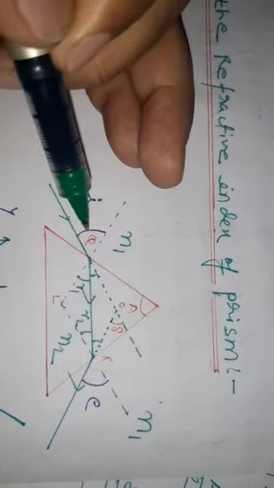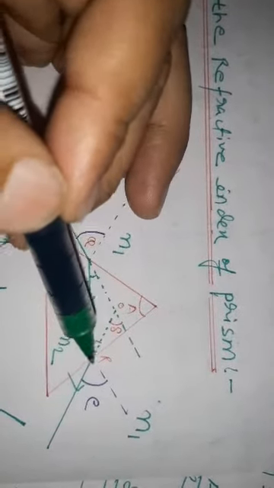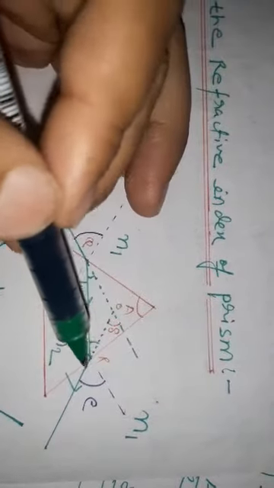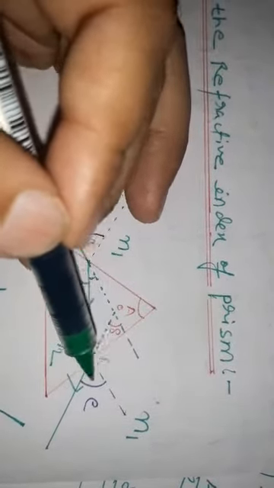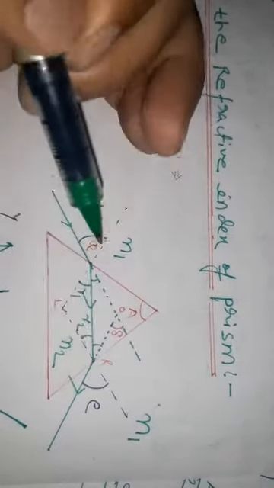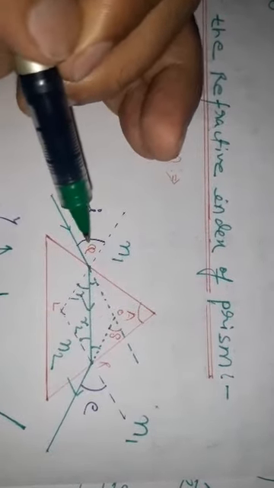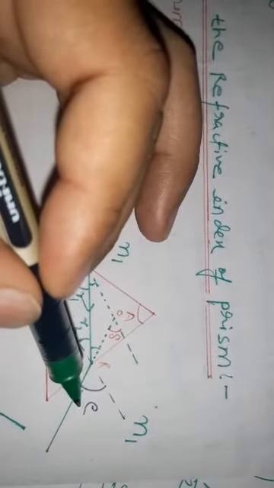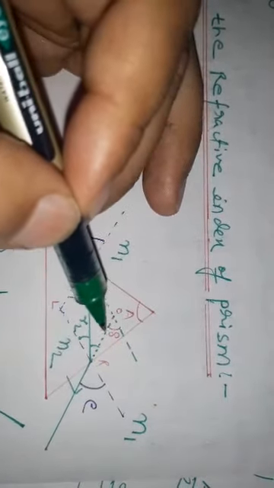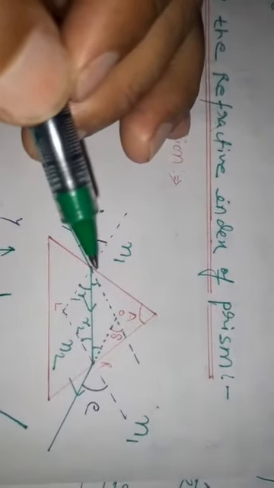If I increase this particular angle, then first this angle will increase, and a point will be reached where the emergent angle will be equal to the angle of incidence. This point, where the angle of incidence equals the angle of emergence, is called the minimum deviation.